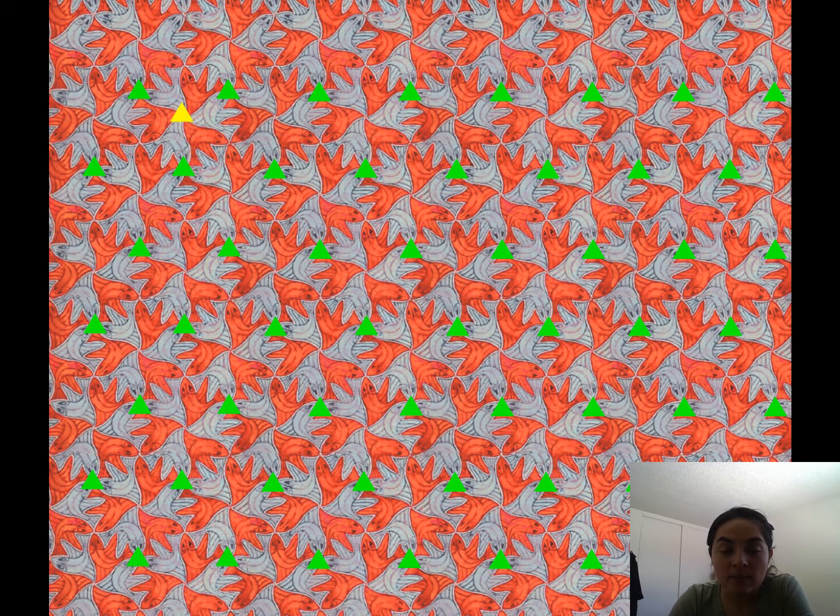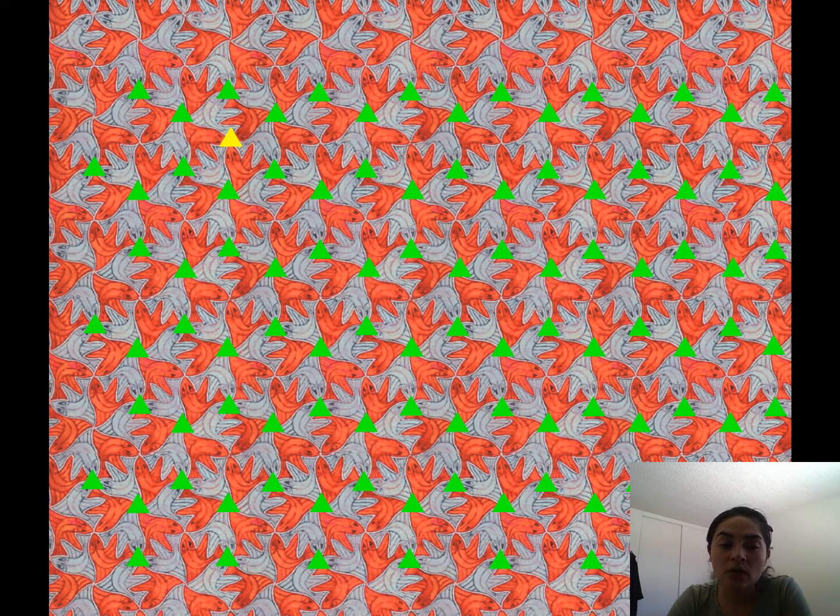And the same can be done with this side, which is basically the fins of these fishes, the red fishes, where they meet. If we were to rotate this motif 120 degrees, we would also get the same image. So we can identify that rotational symmetry.